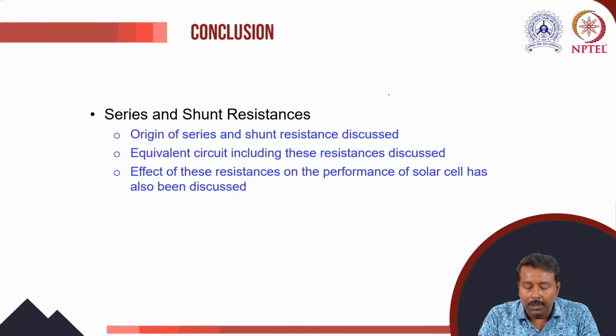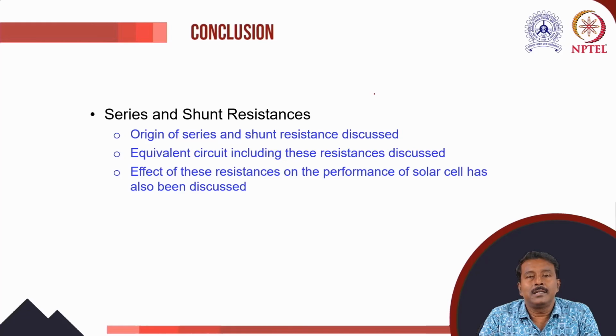So in this lecture we have discussed the origin of series and shunt resistances, which are responsible for the deviation of the IV characteristics of a practical solar cell from its ideal counterpart. Due to the presence of series resistance, mainly the terminal voltage is affected. Due to the presence of shunt resistance, current is affected.